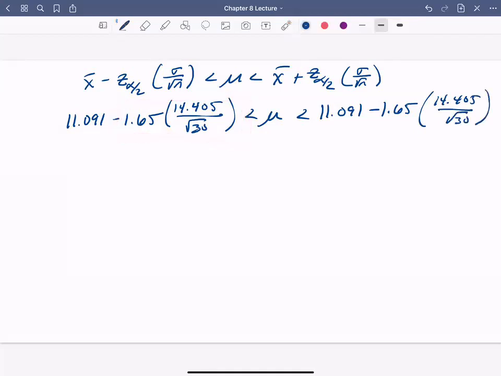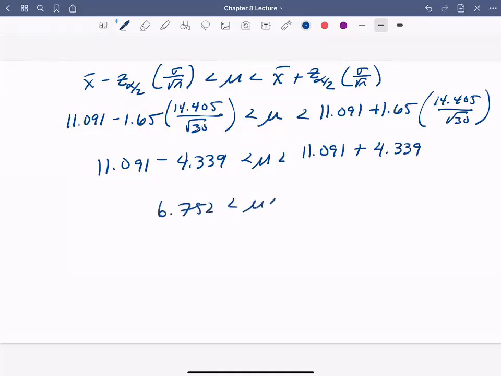Calculator portion: 11.091 minus 4.339, less than mu, less than 11.091, sorry, this would be plus 4.339. 6.752 less than mu less than 15.430.